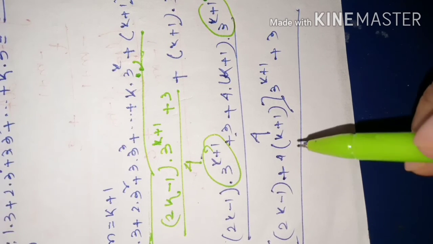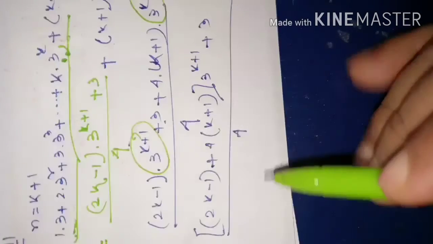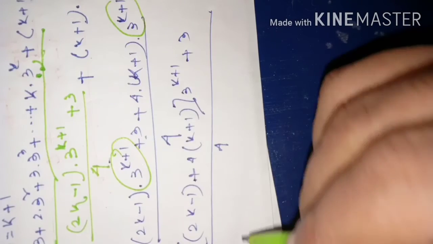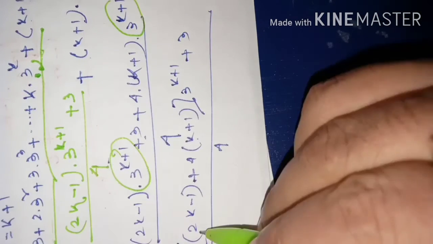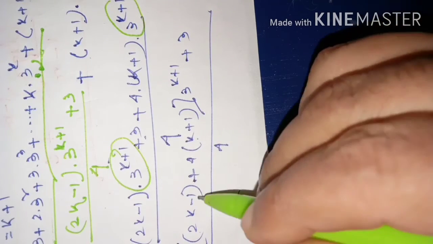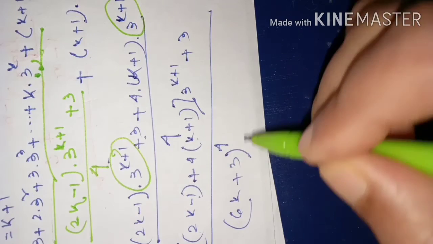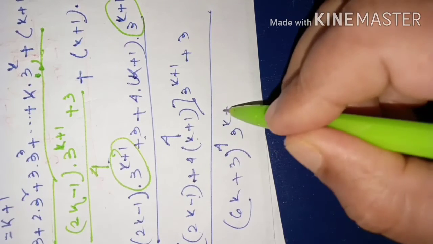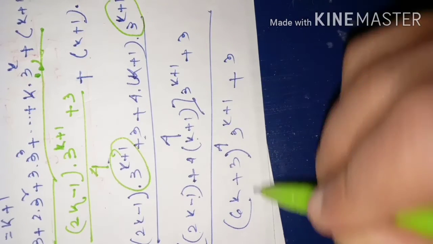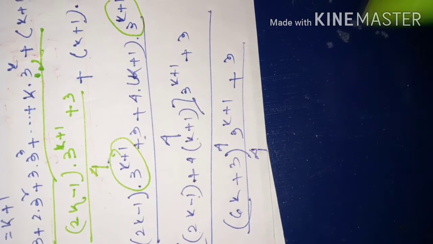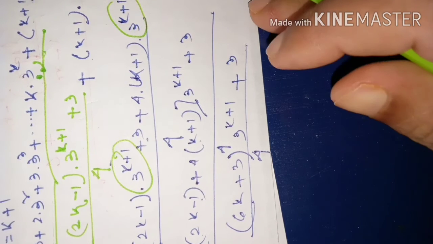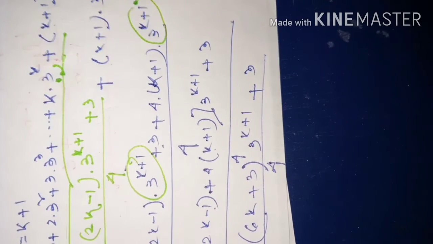So we will get the last part like this: (4k plus 2k, 6k, minus 1 plus 4, plus 3) into 3 to the power of k plus 1, plus the extra 3, divided by 4. Okay, now the next step will be like this, as you see.